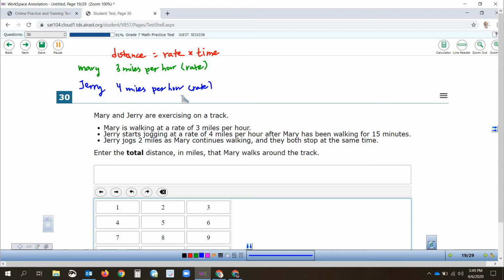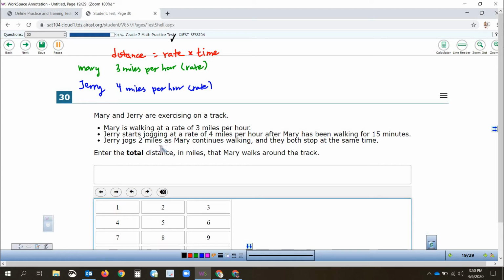All right, so we now have the rate part of this equation taken care of. But what about the time? Does it tell us how long each of them were going? All right, well, it says Jerry started 15 minutes after Mary, right?